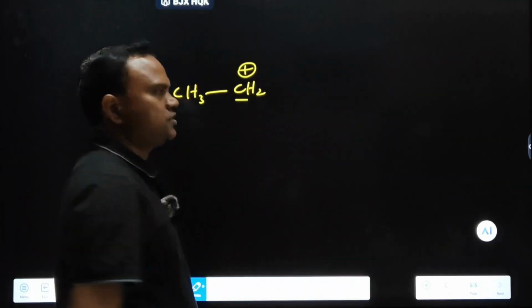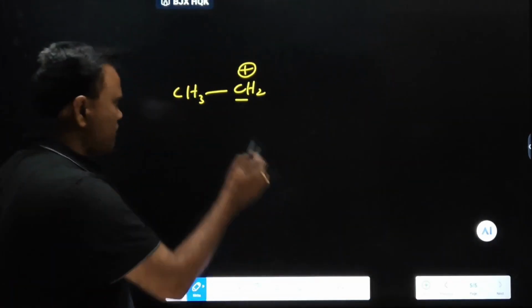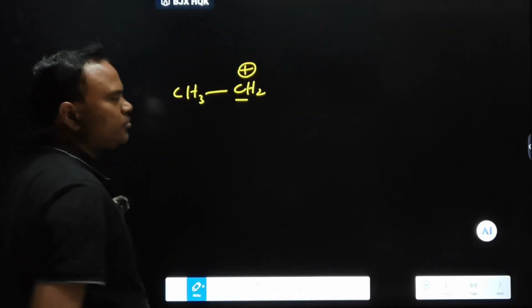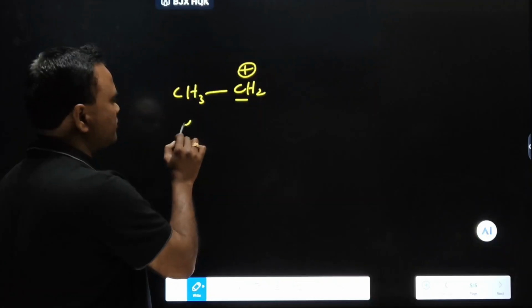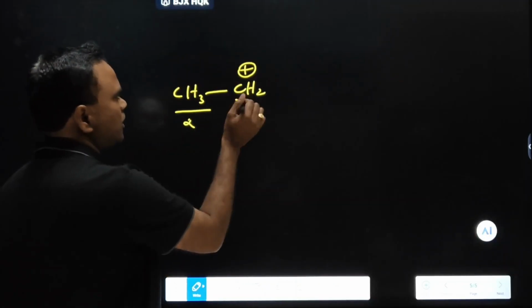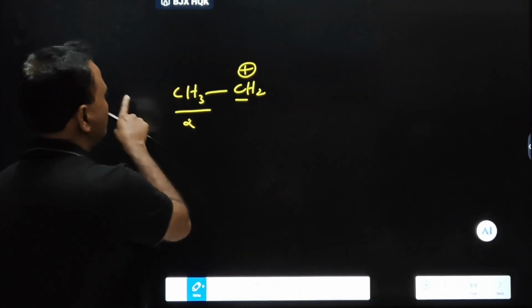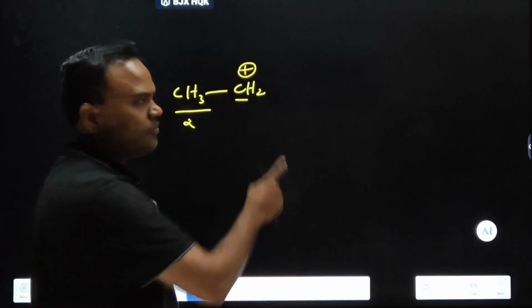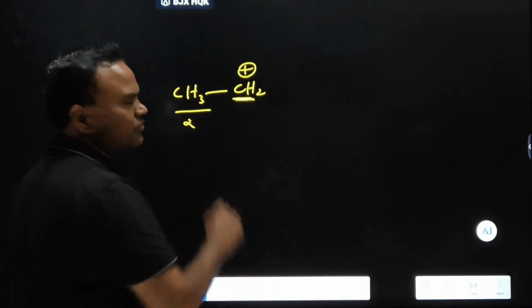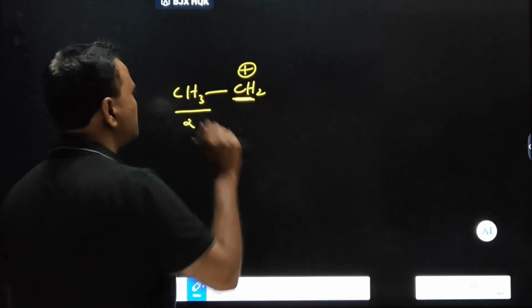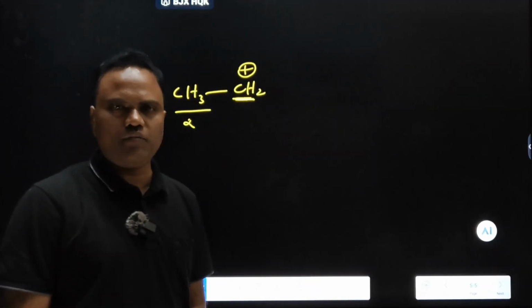This carbon is electron deficient. Look at this, it is having one methyl group. Methyl group is connected in the alpha position. The carbon which is next to carbocation is called as alpha carbon, and hydrogens present on that alpha carbon are called alpha hydrogens.